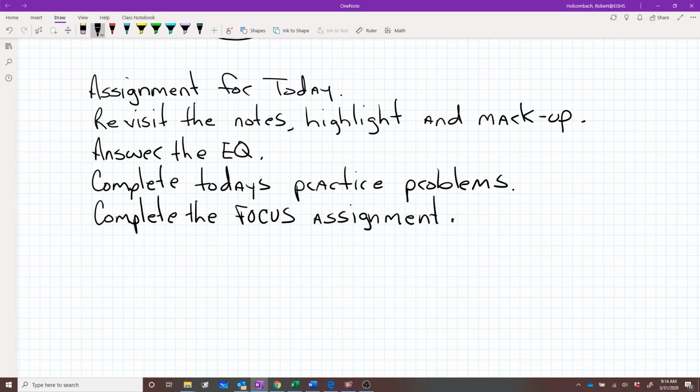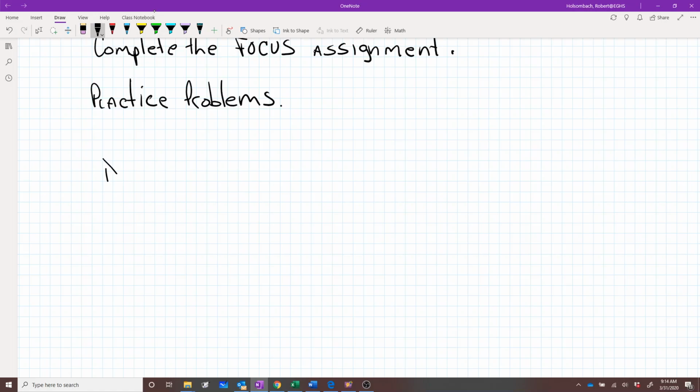Okay, so here are your 4 practice problems for today. We're going to call these practice problems. And number 1. We want the measure of angle QPS.